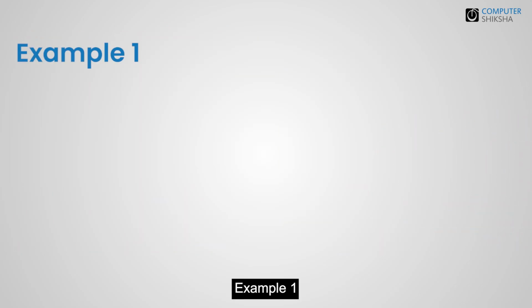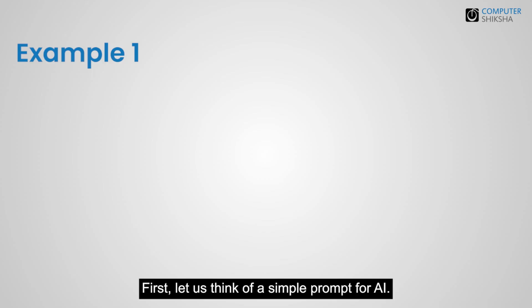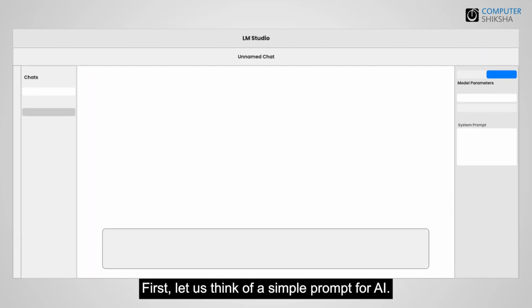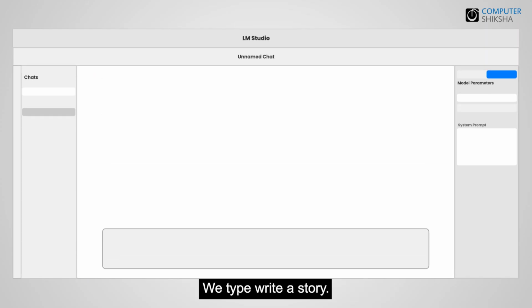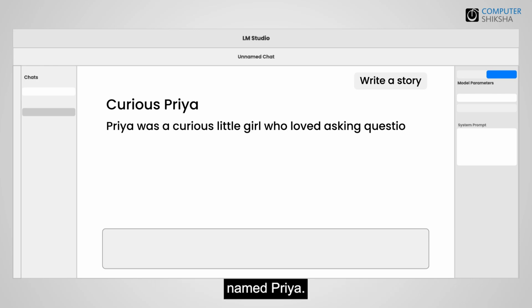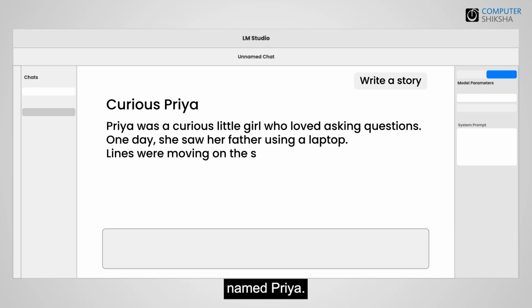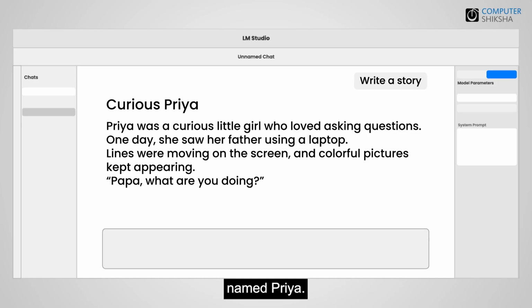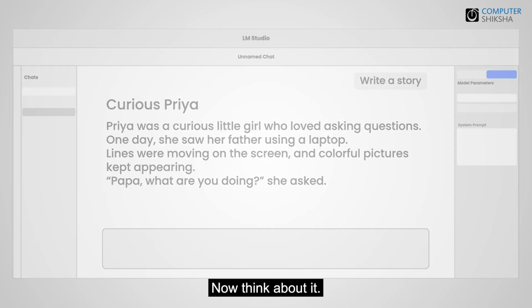Example 1. First, let us think of a simple prompt for AI. We type, write a story, and we press enter. Now, AI gives us a story. This time, it creates a story about a girl named Priya. Now think about it.